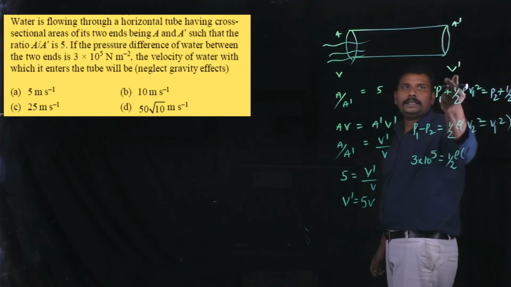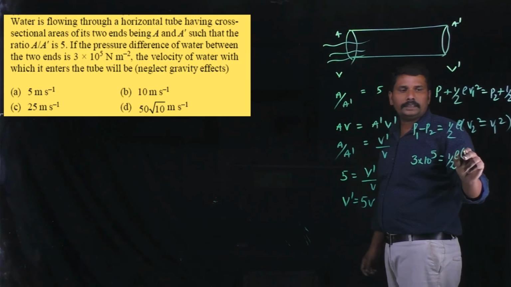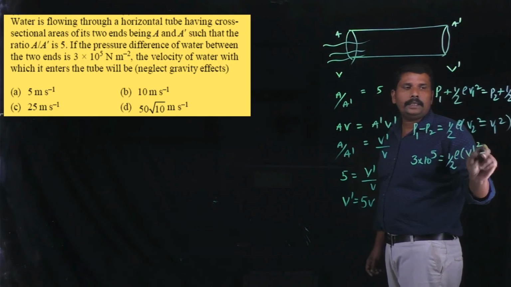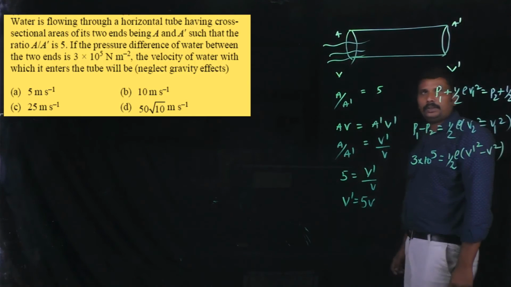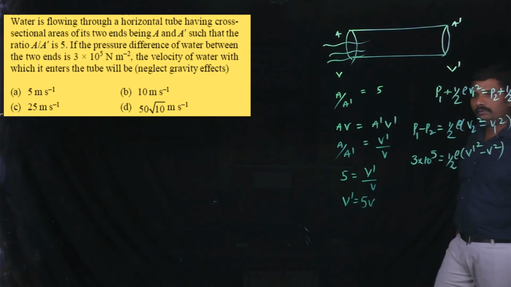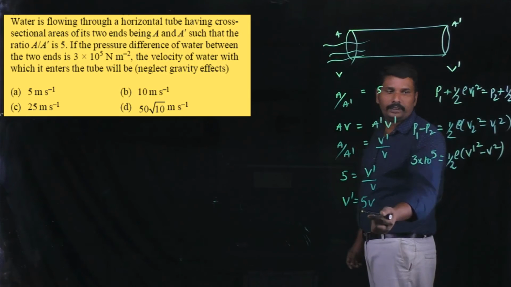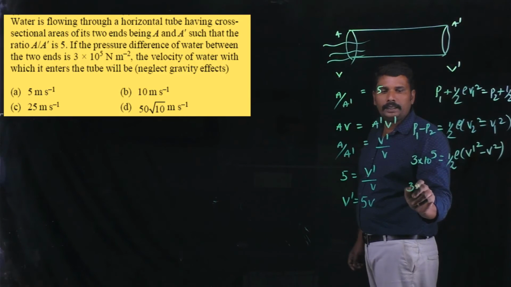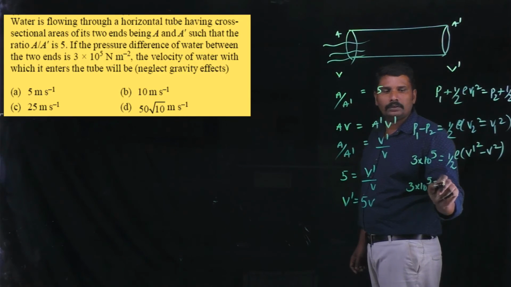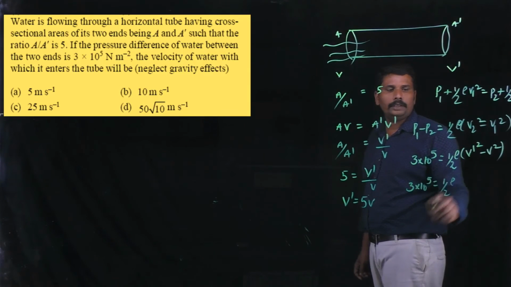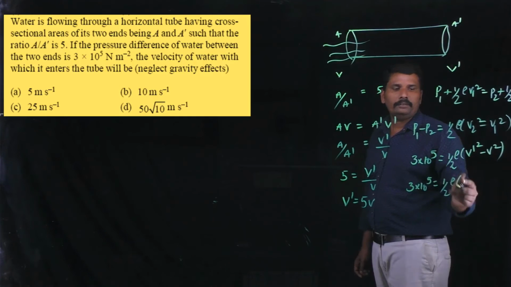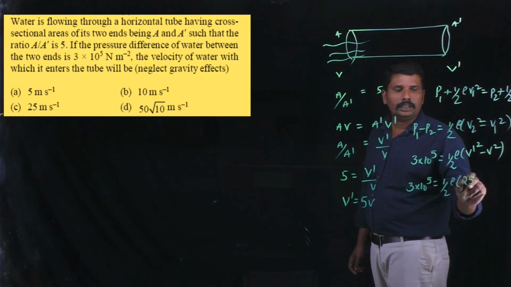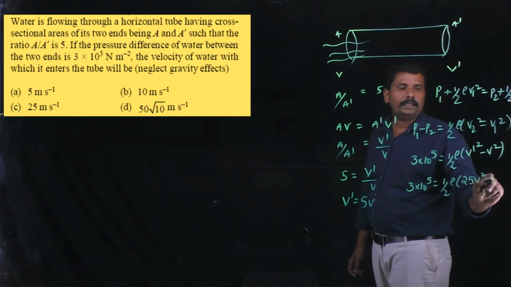Of course, V2 is this V dash and V1 is this V. By substituting the value of V dash as 5V, it is 3 into 10 power 5 equals 1 by 2 into rho into 5V whole square, which is 25V square, minus V square.